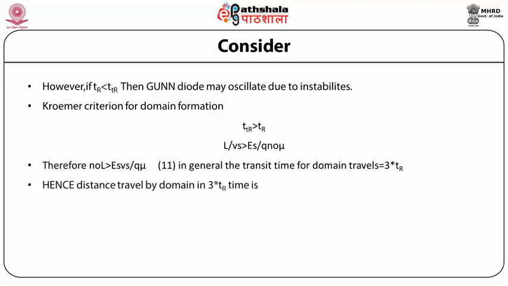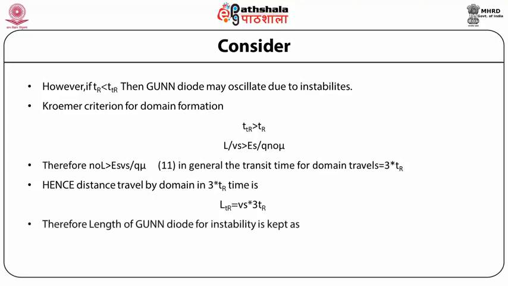Hence, the distance traveled by the domain in 3 times tau r is L equal to Vs multiplied by 3 tau r. Therefore, the length of the Gunn diode for instability is kept as L greater than 3 Vs tau r, which is greater than 3 epsilon s Vs by q mu n naught.